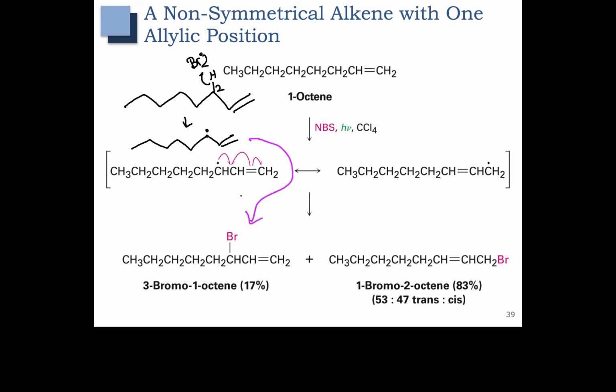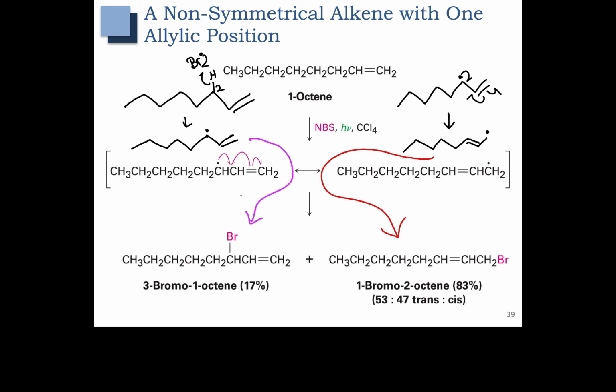The other option is that resonance occurs to give the radical shown here, which is the same as this one here. The bromine adds in there, then we get this product here.